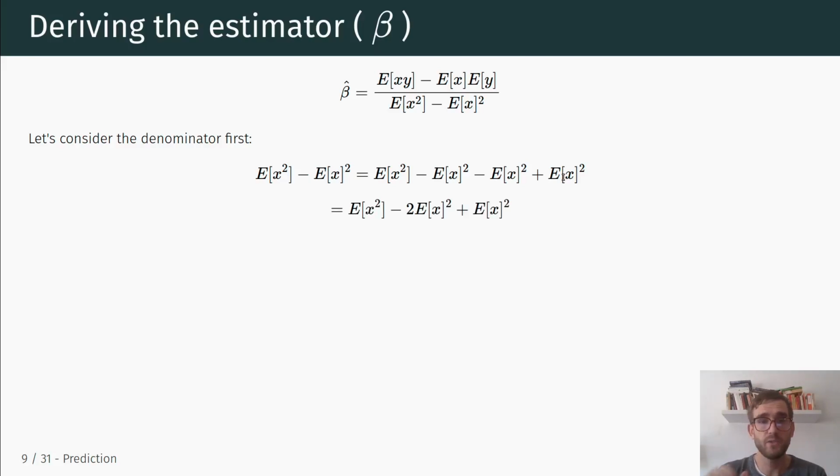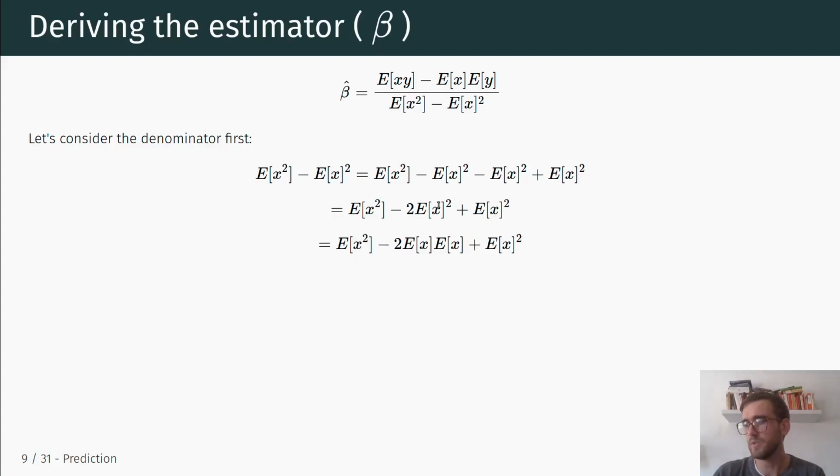But if we do that, we can rearrange things a little bit. Since now we have this minus the square of the expectation twice, we can rewrite this as minus 2 times the square of the expectation of x. After we subtracted and added this term, we're combining these two terms and writing them as minus 2 times the square of the expectation of x.